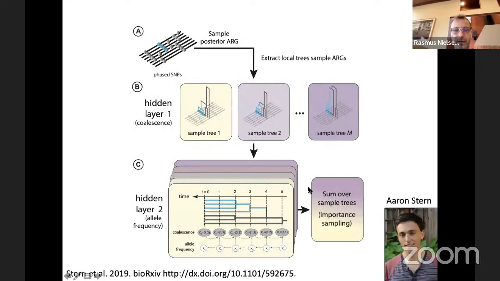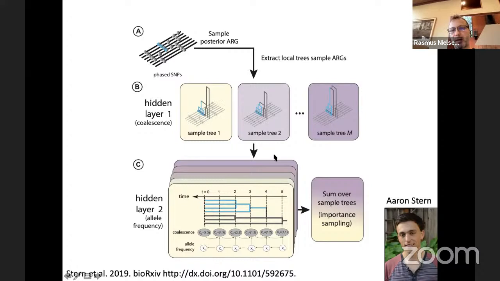So we've implemented that for a couple of different methods now, but most importantly, the one we published is for an actual model of selection, where we have selection acting on a site. And basically the idea is that you sample trees, a whole sequence of trees, that is the ancestral recombination graph. And then we sum over these sampled trees a certain function that tells you something about the selection coefficient that would act at a certain site.